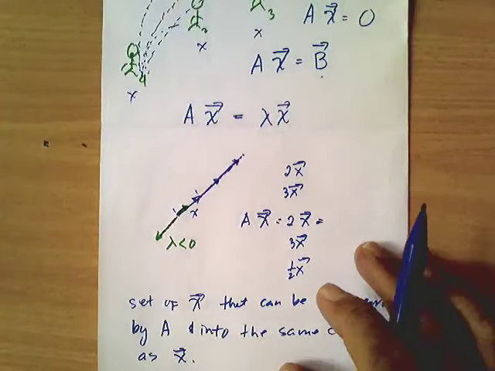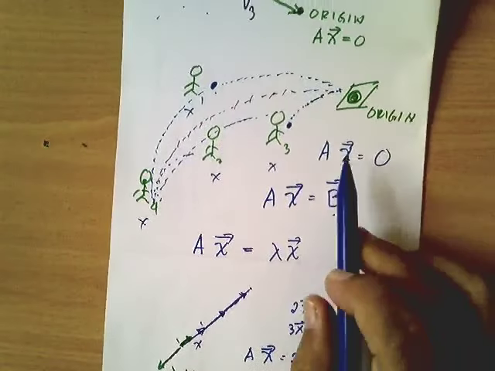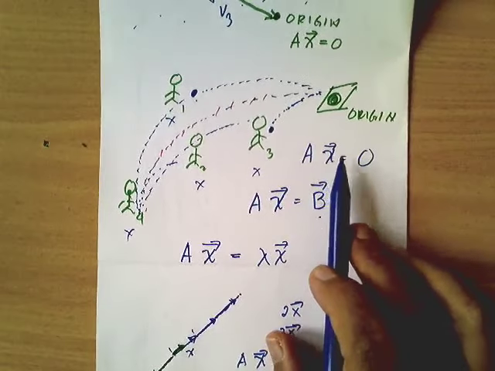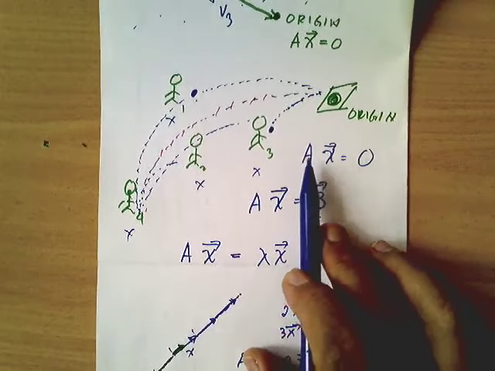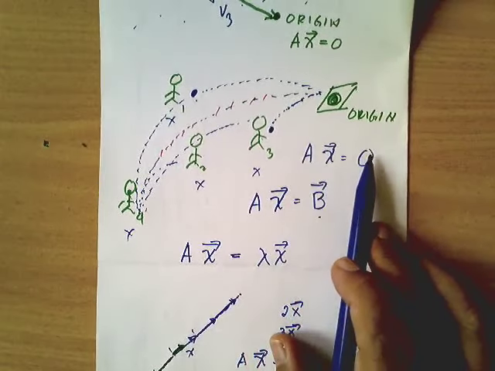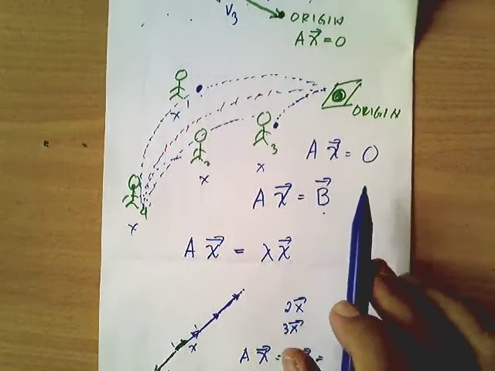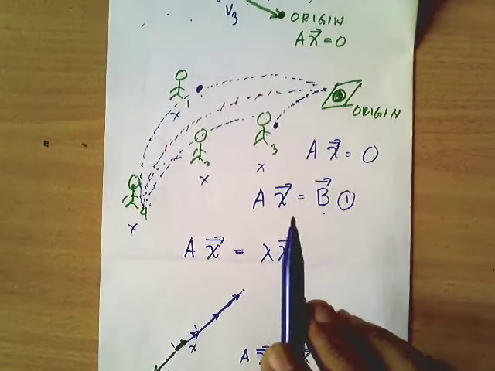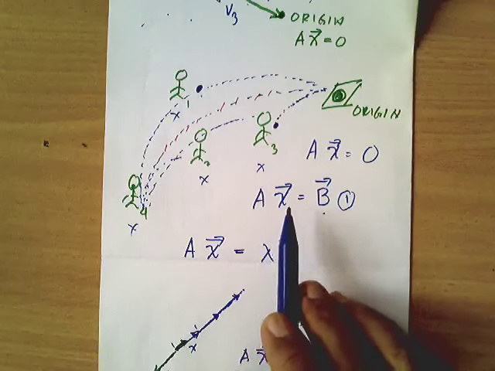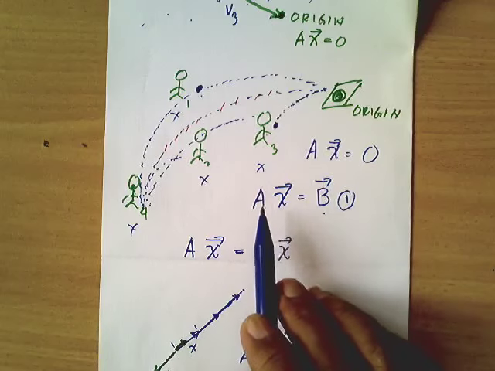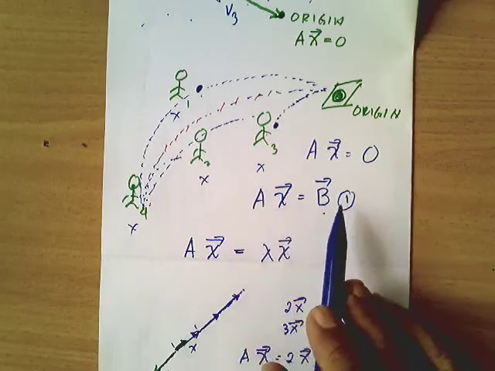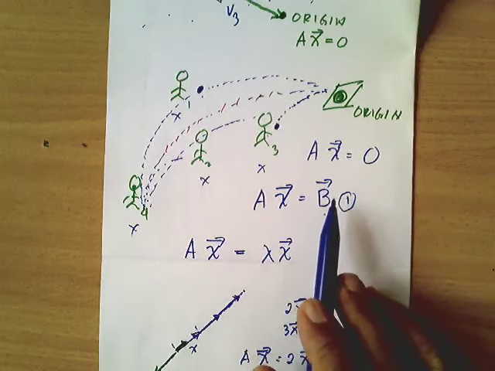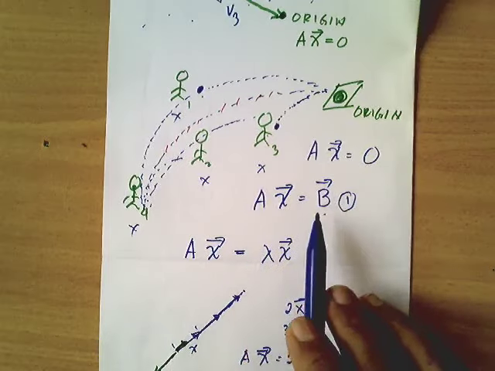Okay, so again, the null space is that we're looking for the set of all x that transform by A into the origin. Let's try to look at this first. This one means the set of all x that can be transformed by A and will be moved to other point B, and the point could be anywhere on the space.